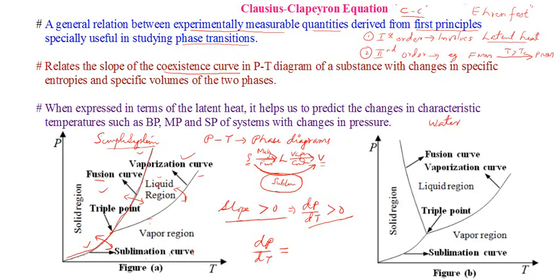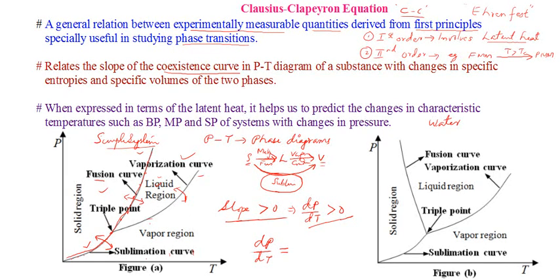Along every point on the fusion curve, the solid phase as well as the liquid phase of the system will be coexisting. It means you will have a certain amount of solid and a certain amount of liquid.